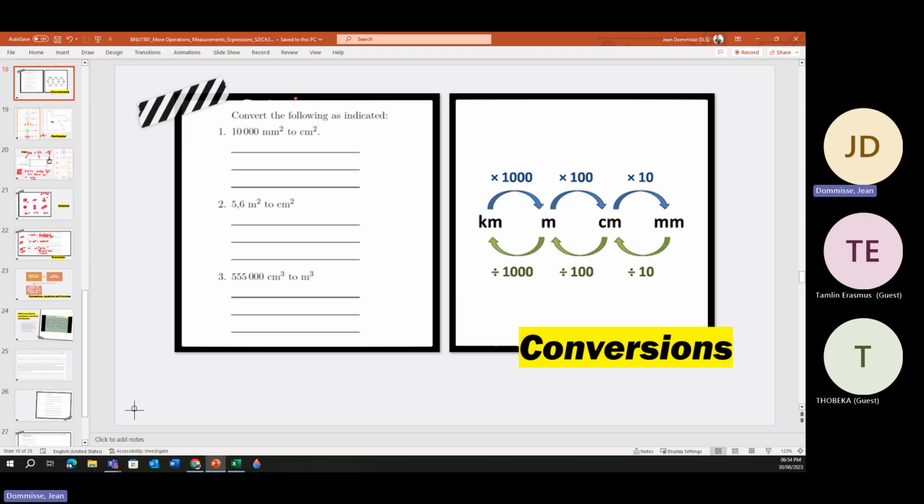So nearly important with the conversions is that the first thing that I will do is to first look at, okay, so all of them is to the power of 2 or to the power of 3.